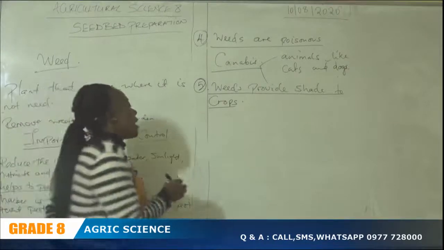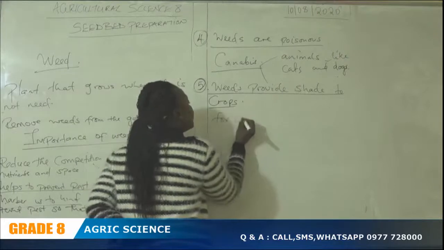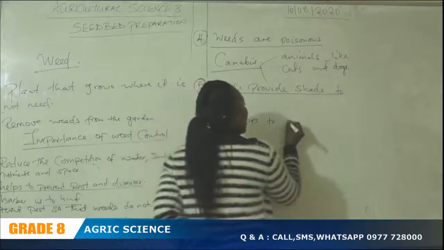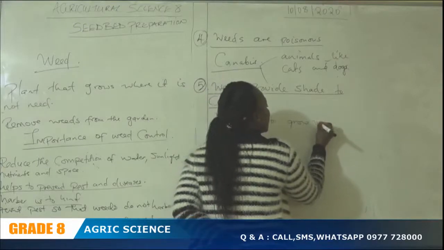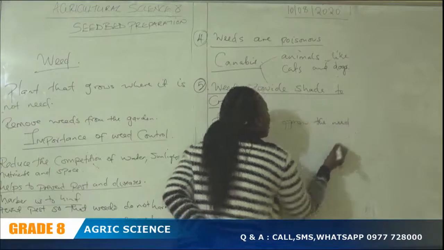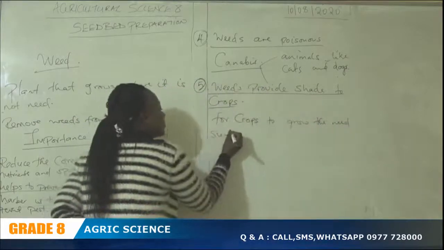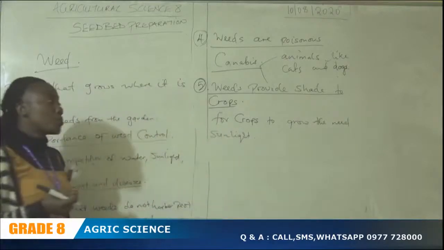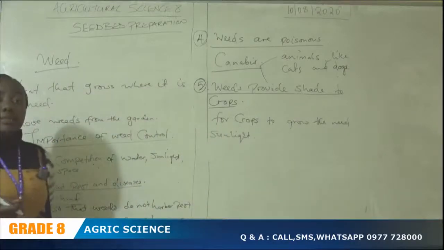So we're saying for crops to grow, they need sunlight.